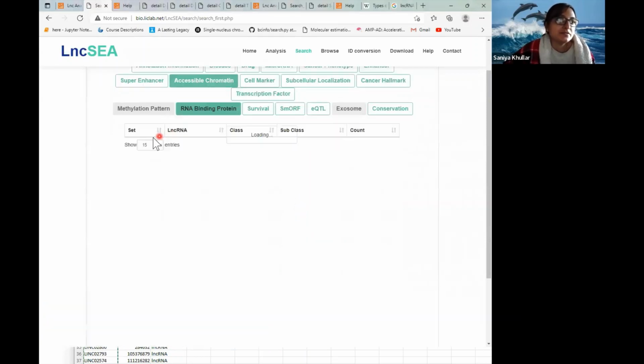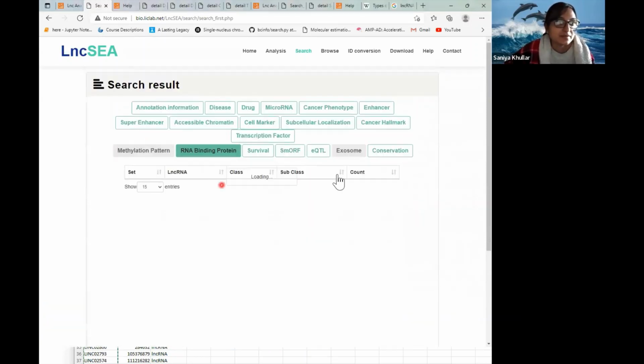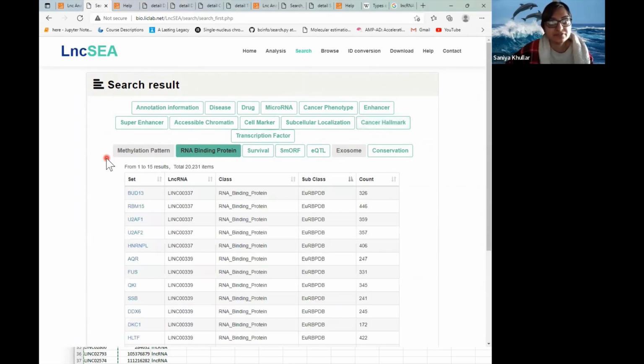So we can maybe just look at RNA binding proteins as well, but there's quite a lot here that you guys could see. And there are so many of these search results.